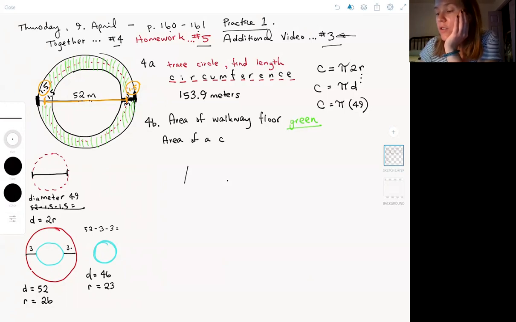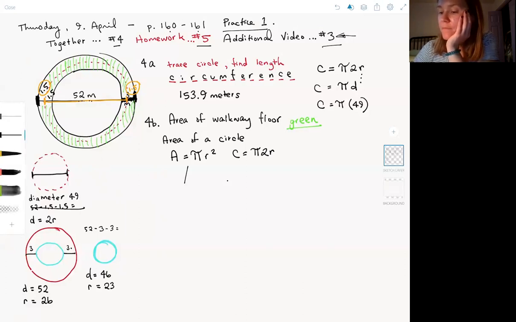Okay, so now to find the area of a circle, we need one of 2 equations. You tell me which one it is going to be. If I'm looking for the area, which one is it going to be? That one. A for area, C for circumference. Okay.